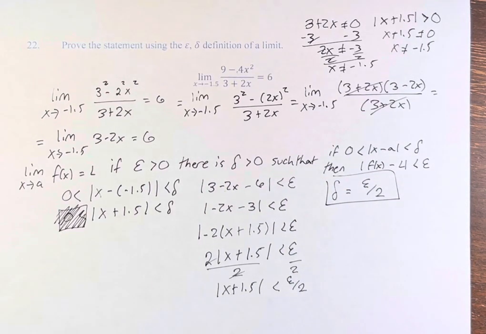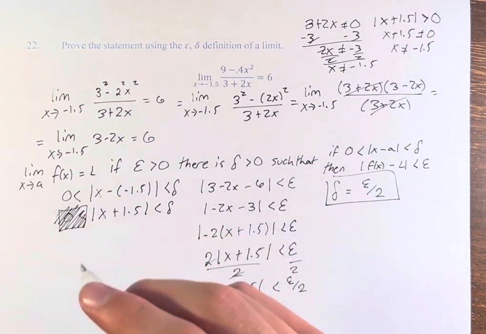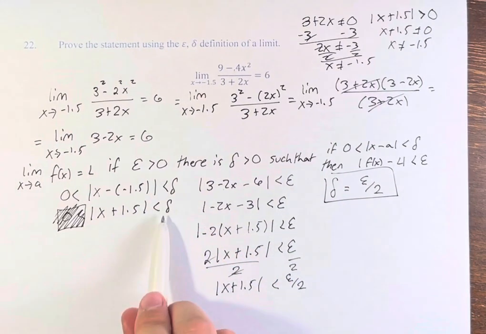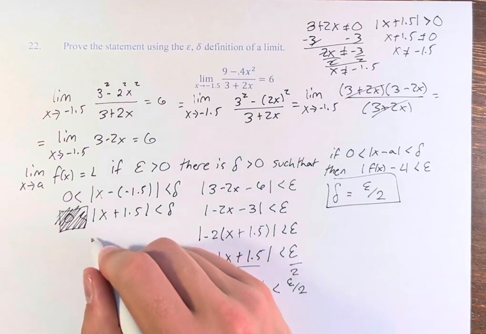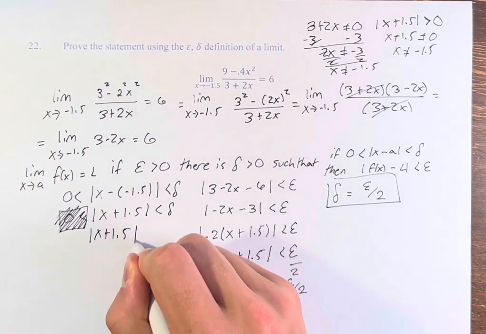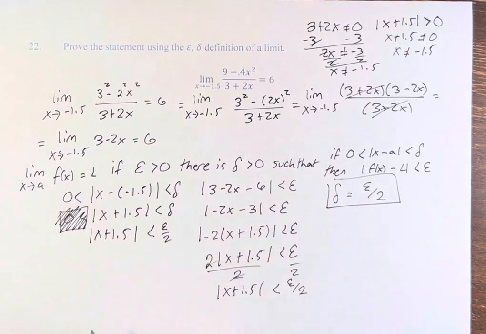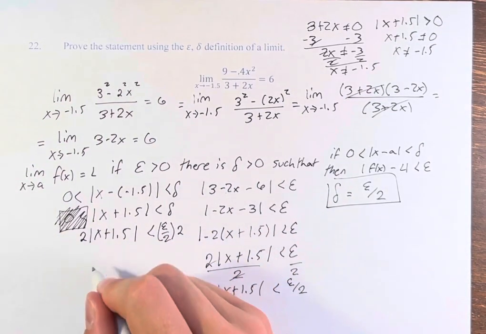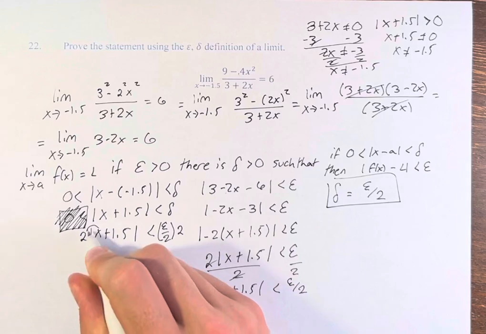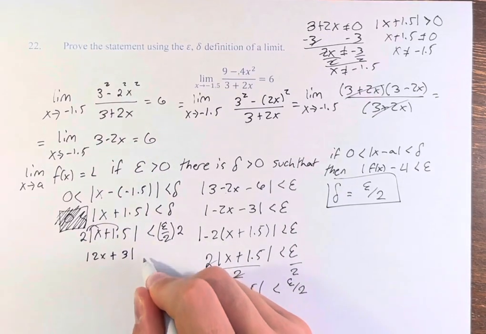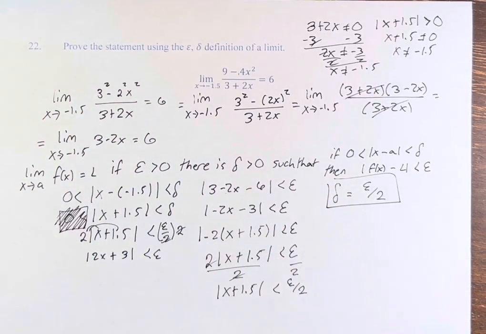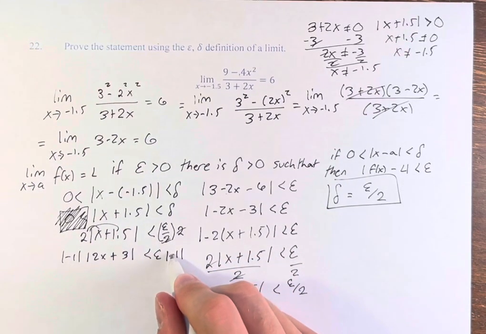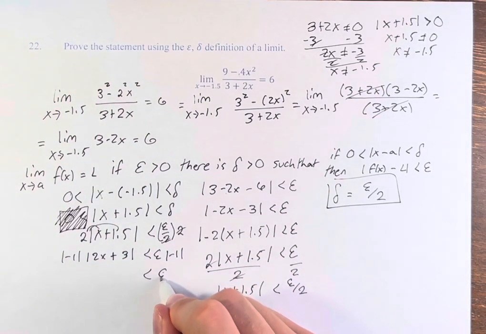And to prove this, what we have to do is take, okay, if we have this relationship right here, if the absolute value of x plus 1.5 is less than delta, it's also less than epsilon over 2. If we multiply both sides by 2, we get the absolute value of 2x plus 2 times 1.5, which is 3, is less than epsilon. If we multiply both sides by the absolute value of negative 1, which is just 1, epsilon times 1 is just epsilon.